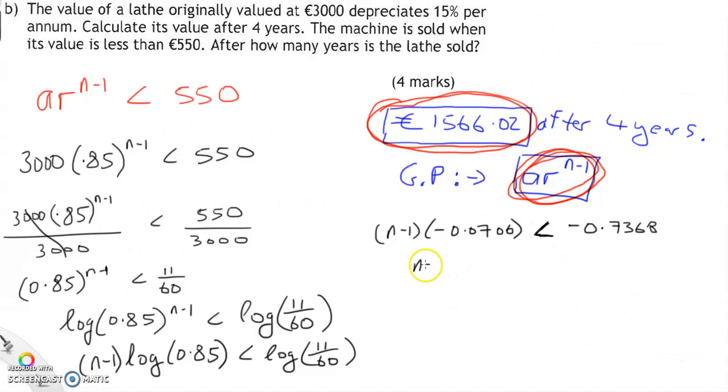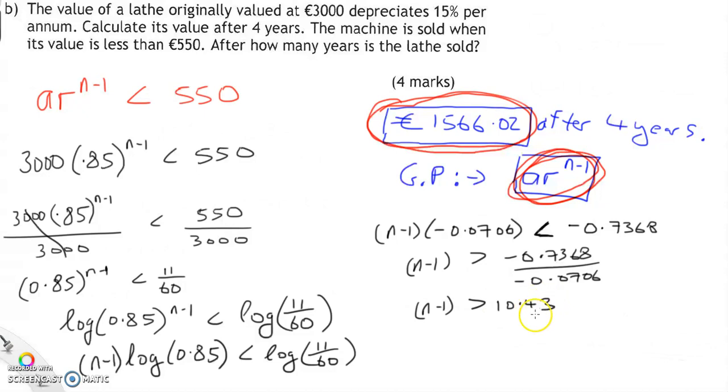So now we can write n minus 1 is greater than minus 0.7368 over minus 0.0706. And dividing this guy by that guy will give us a positive number. Run that through the calculator and you should get n minus 1 greater than 10.43.